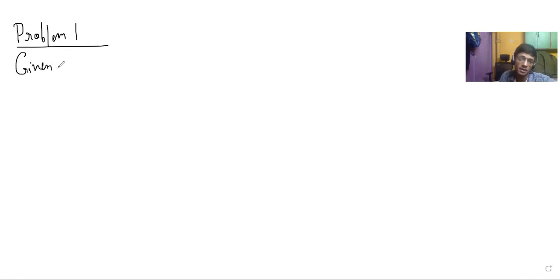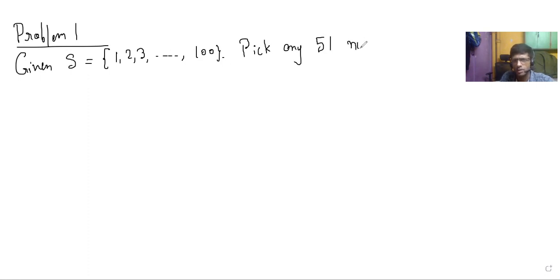Given this set S, now I'll be framing the problems in a slightly more abstract way, and you guys should get used to it. So we are given this set S, 1 to 100. Pick any 51 numbers.